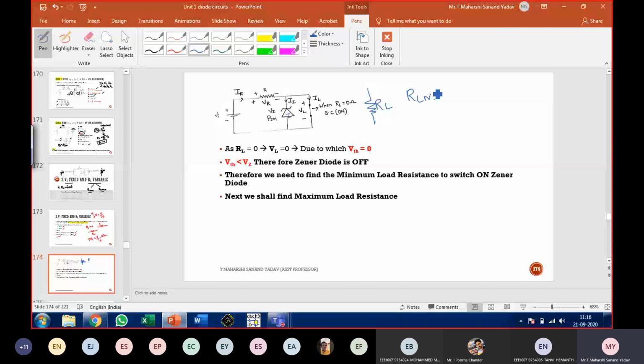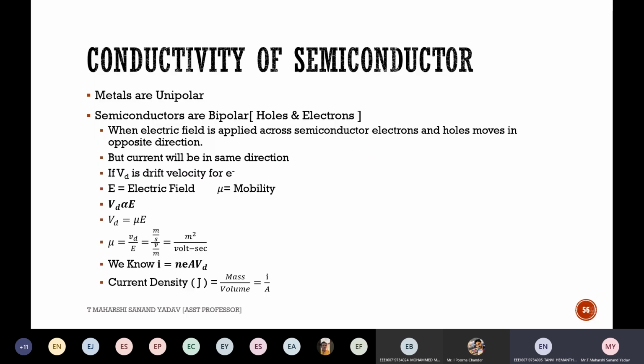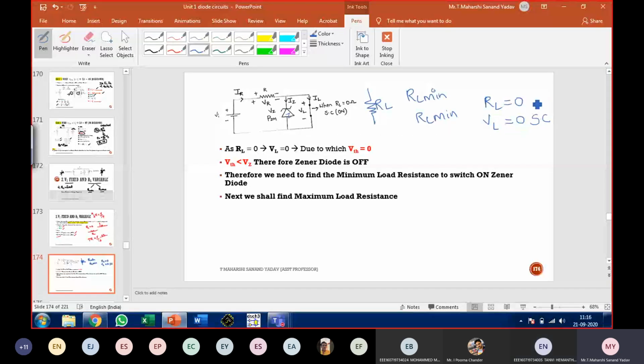If RL is equal to 0, what will happen to its voltage? VL will be 0. If voltage is 0, is it short circuit or open circuit? Yes, it's a short circuit. If VL is 0, it is a short circuit. Or else better you can go with this also: RL is 0, so it is a short circuit. Next, how many cases are there?